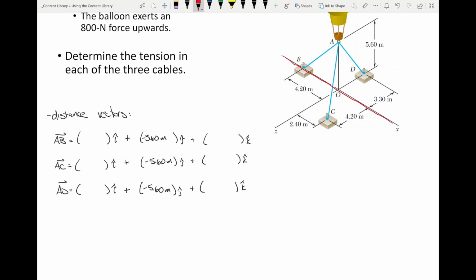And positive direction is this way. So if I go in the positive direction, let's start off with AB. What's this value going to be? Negative 4.2, exactly right.